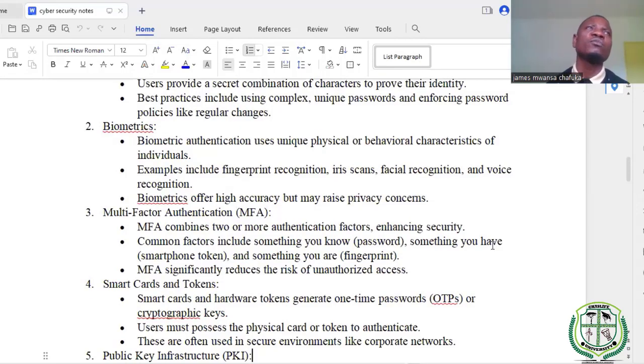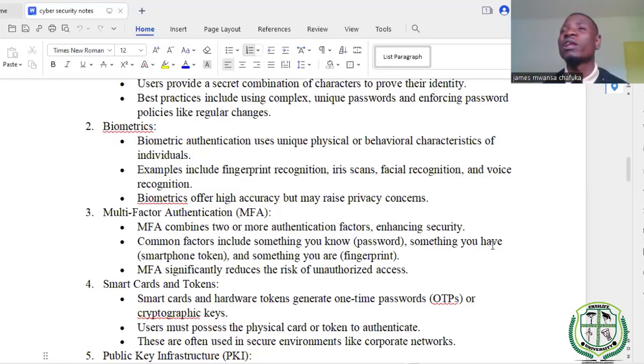Now, again, when you look at these types of authentication, at some point they may have advantages and disadvantages. When you talk of using your fingerprint, if anything happens to your fingerprint, meaning your system cannot open, that can also be a disadvantage. But when it comes to security, it's a better way again.